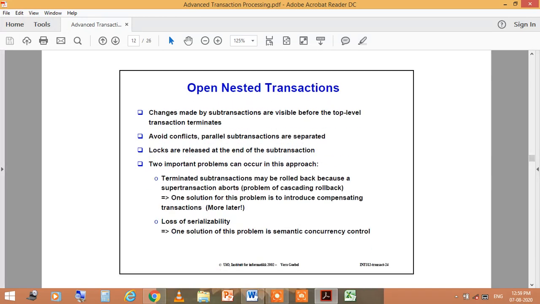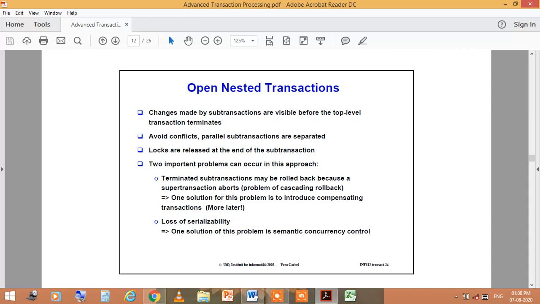Now come to the open nested transactions. In open nested transactions, changes made by the sub transactions are visible, but if we are talking about the closed one, the changes are not visible, okay, because that is the closed one, or you can say isolated.